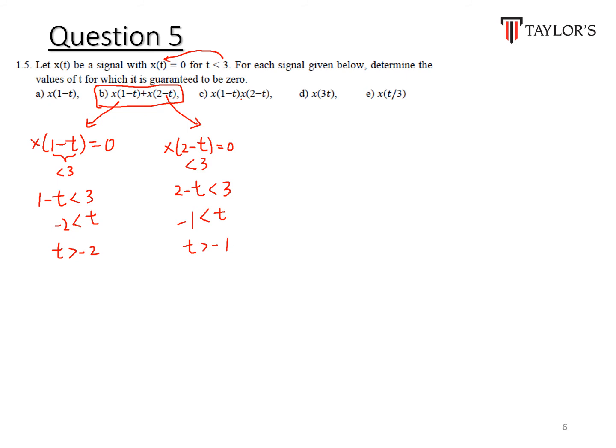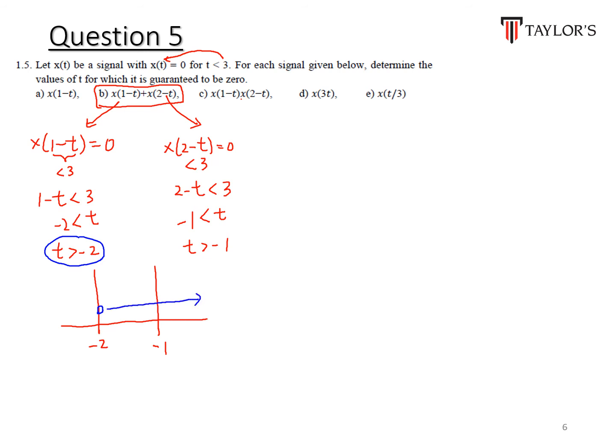However, because you need both signals added together to be guaranteed as 0, you need the intersection of these two answers. Meaning that, let's say you draw a number line and you have this particular answer, negative 2, here and this particular answer, negative 1, here. For this answer, using the blue pen, it says that t must be greater than negative 2.